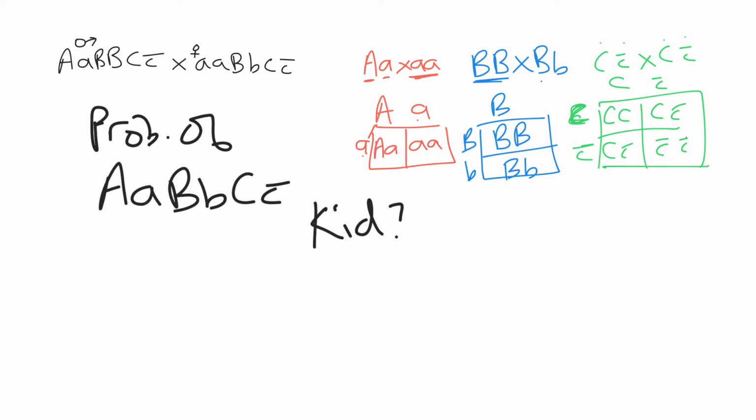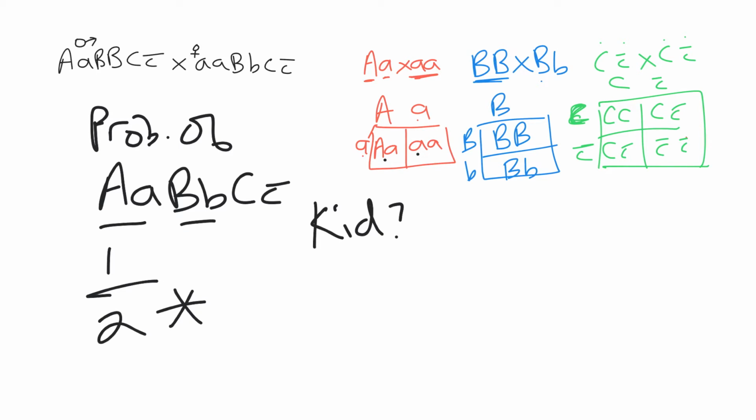So this is the same cross, but what if I asked you what the probability of having a triple heterozygote, big A little a, big B little b, big C little c child? So you can pause and try to solve that. We already have the Punnett squares done, so we can just look at those. All right, so what's the probability of getting a big A little a? Well, that's 1 out of 2.